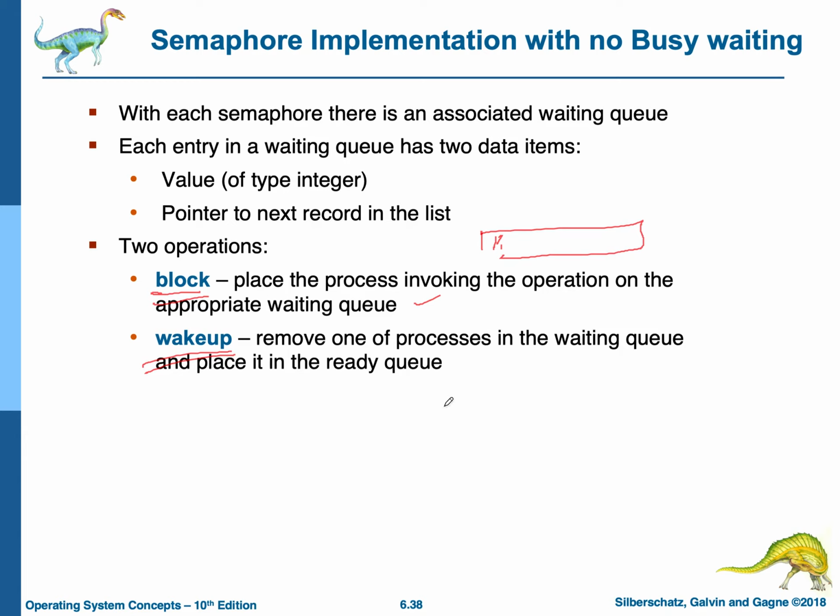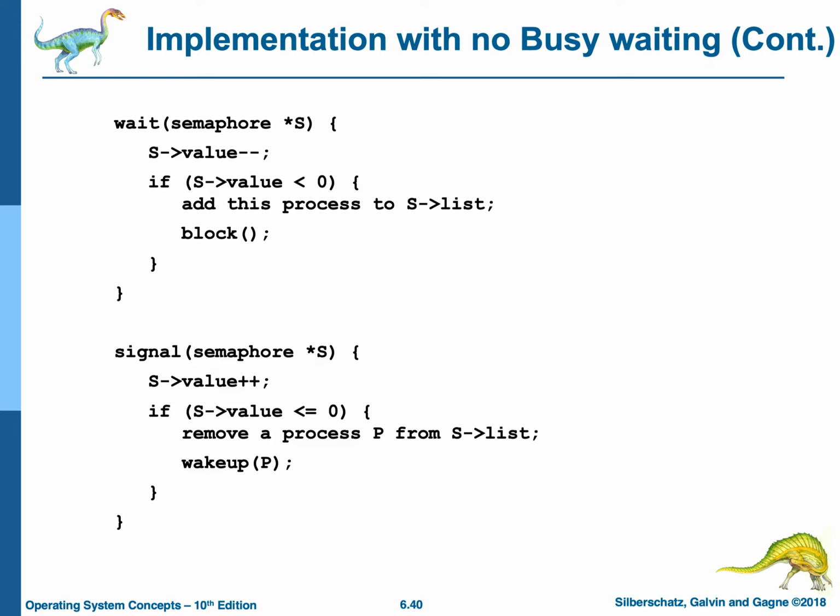Because P of S would be followed by V of S. Okay, so we have a wake up call here. So this is with no busy waiting. Now here is just the same example which I have already told you.